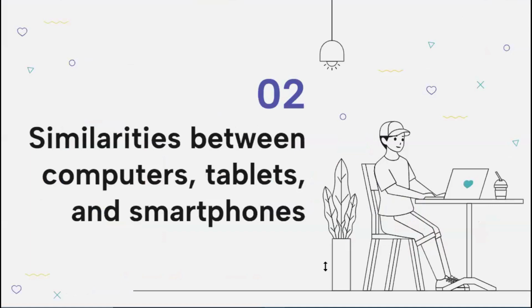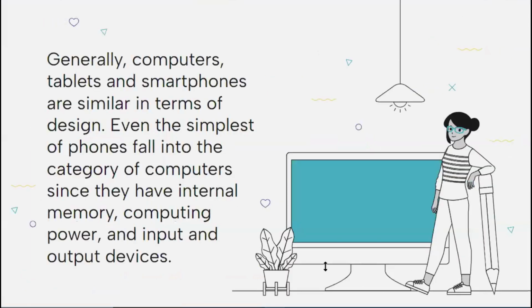Moving forward, similarities between computers, tablets, and smartphones. Generally, computers, tablets, and smartphones are similar in terms of design. Even the simplest of phones fall into the category of computers since they have internal memory, computing power, and input and output devices.